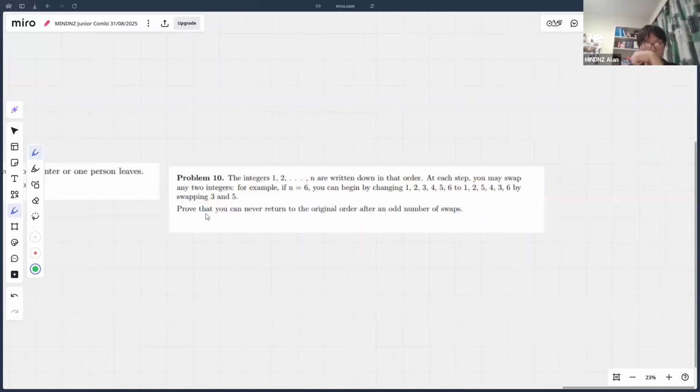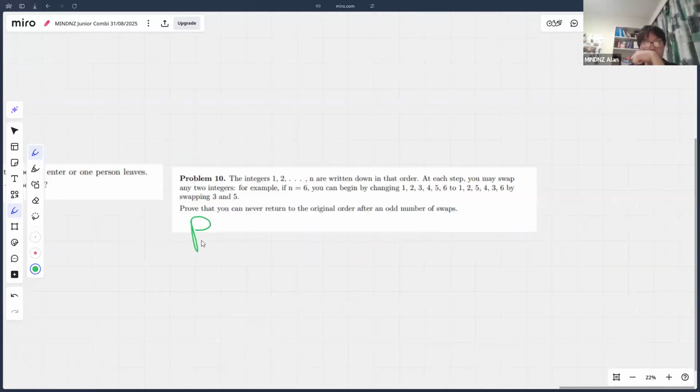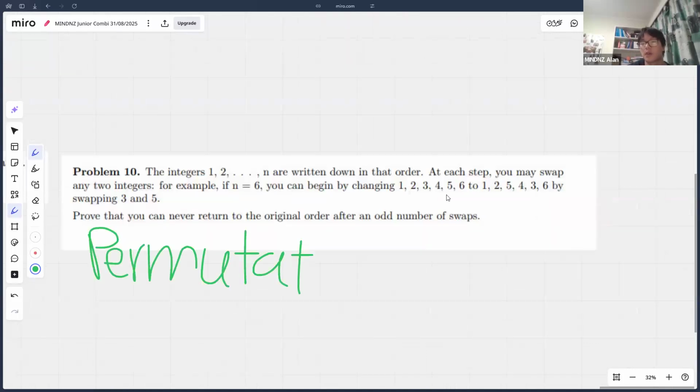And then for this problem, this is a pretty interesting problem. I think it's called permutation parity. It's basically where you have some number of elements that are flipped around compared to the order of 1, 2, 3, 4, 5, 6.